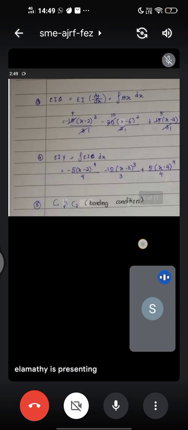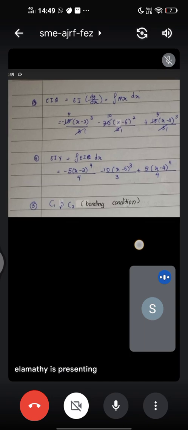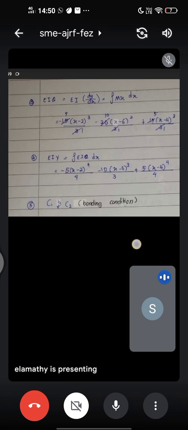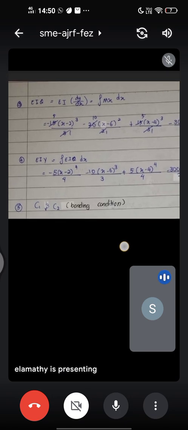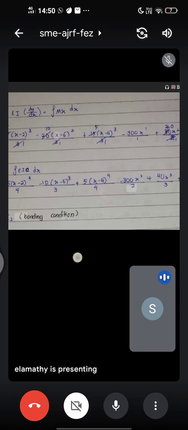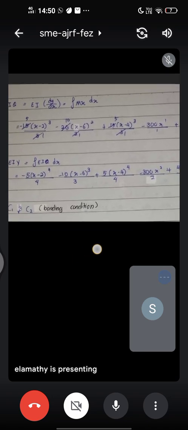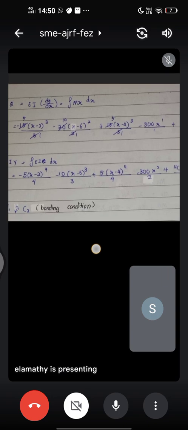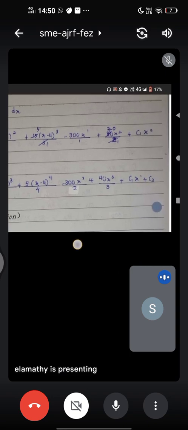So this will be the third equation. dy over dx, which is EI open bracket dy over dx equals the integral of Mx dx. So we have to simplify it. Substitute all the numbers, and starting will be 15 power of x minus 2 close bracket over 3 power of 3, and in all the following equations.